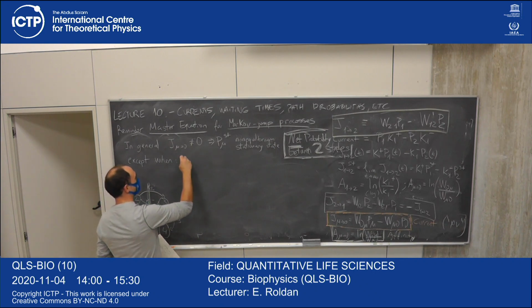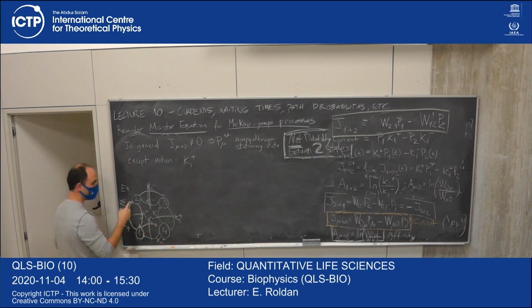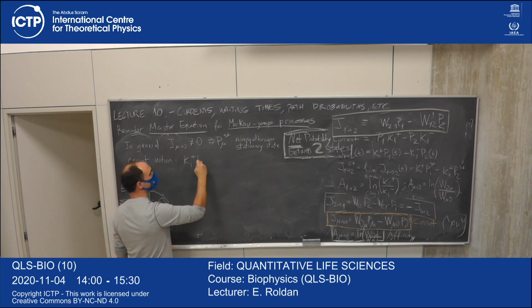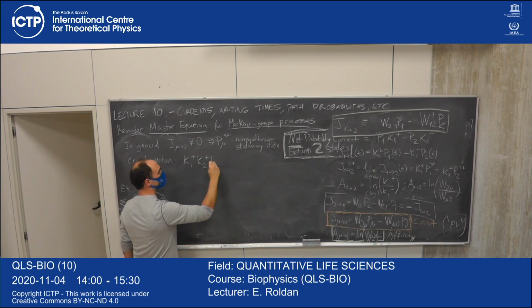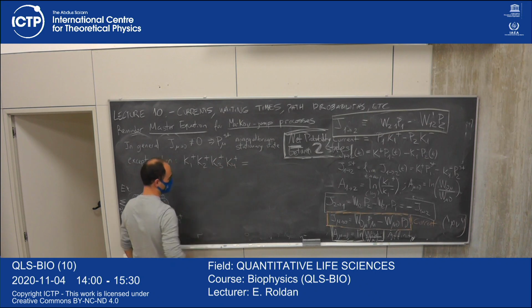This is written like this: K1 plus times K2 plus times K3 plus times K4 plus is equal to the backward product.